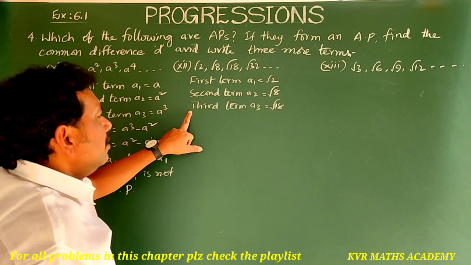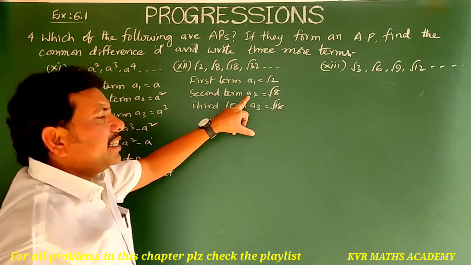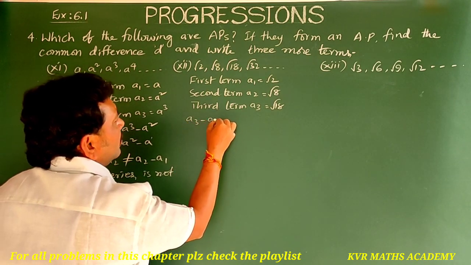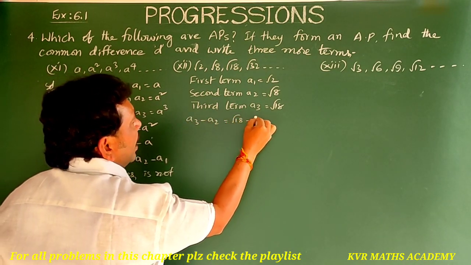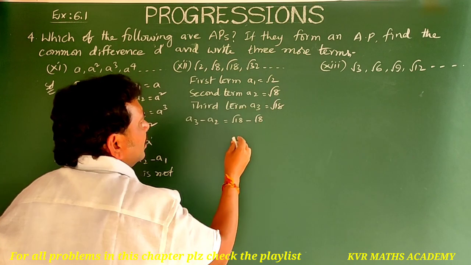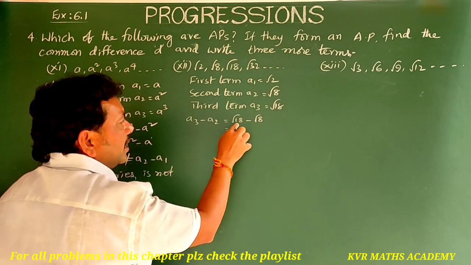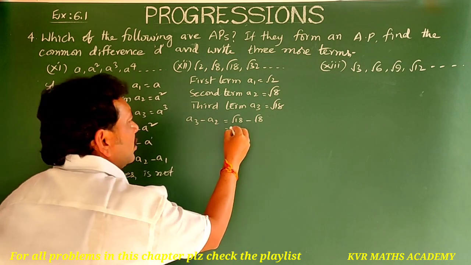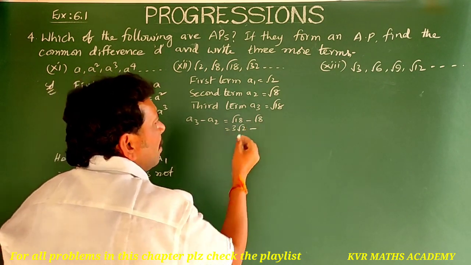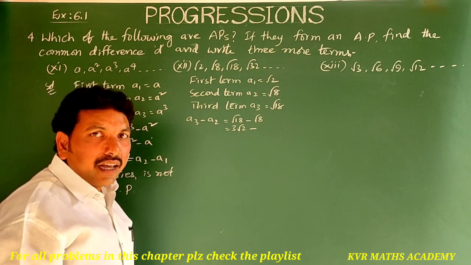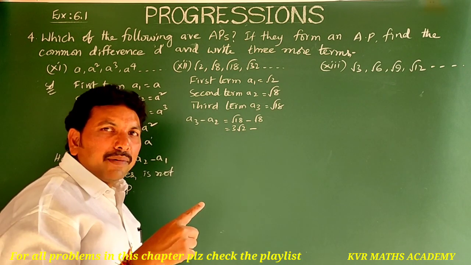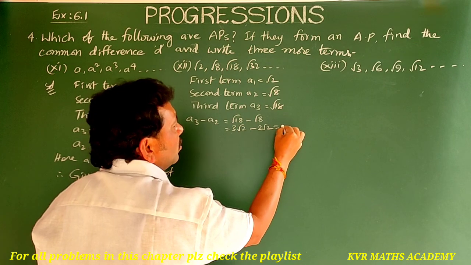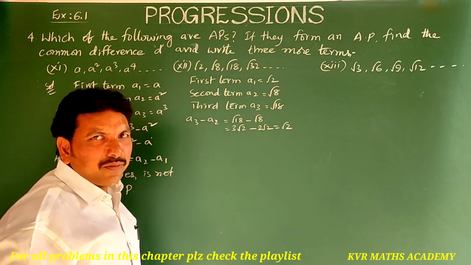Here, let us find first a3 minus a2 and a2 minus a1. a3 minus a2 is equal to root 18 minus root 8. So root 18, how can you write? 9 twos are 18. Root 9 is 3. So that's why this is 3 root 2. Minus root 8: 4 twos are 8. Root 4 means 2. That's why this is 2 root 2.